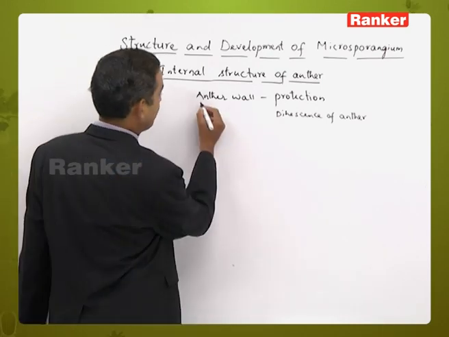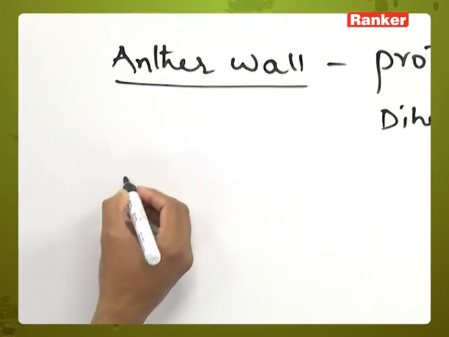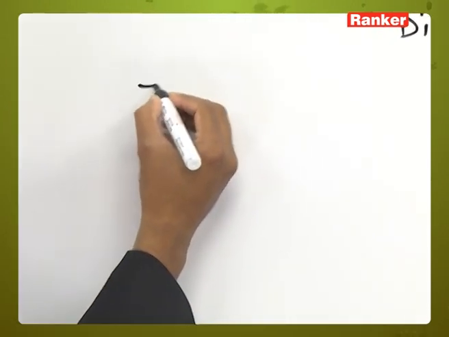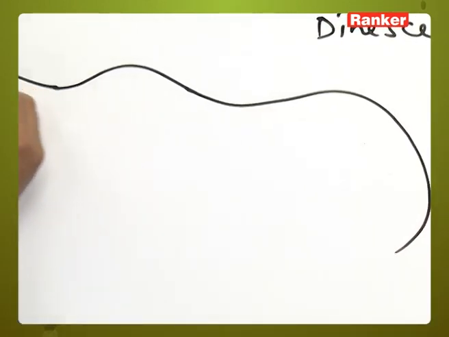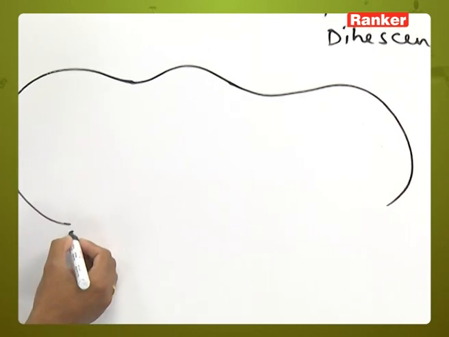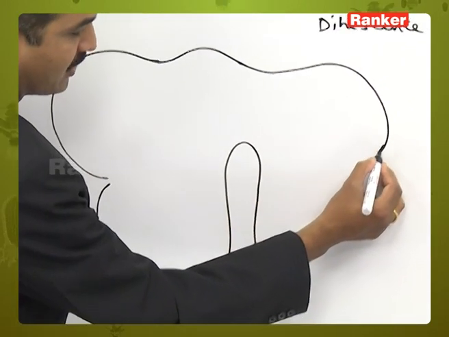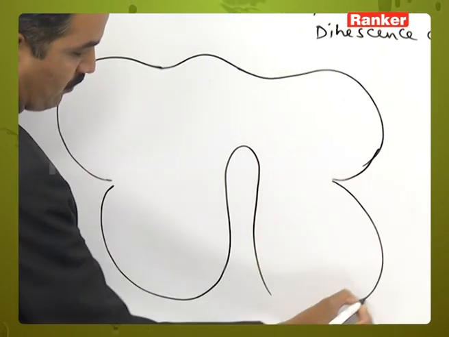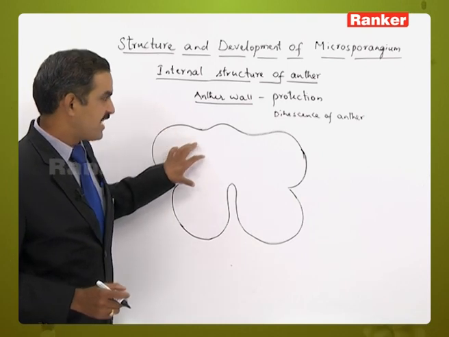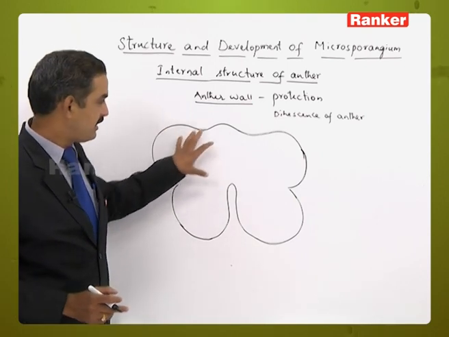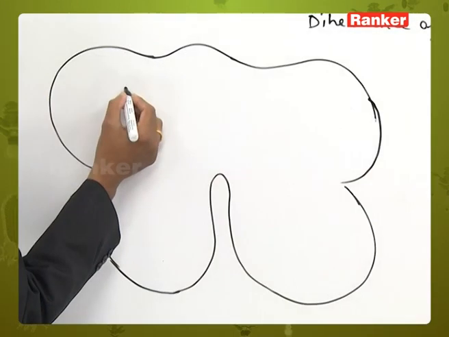So here let's come to the anther wall. Anther wall contains mainly 4 layers. So this is the outer view of the anther in the transverse section, where we can see a 4 lobed structure. If you take the transverse section of the anther, we can see this type of outer view in which the anther wall is present.